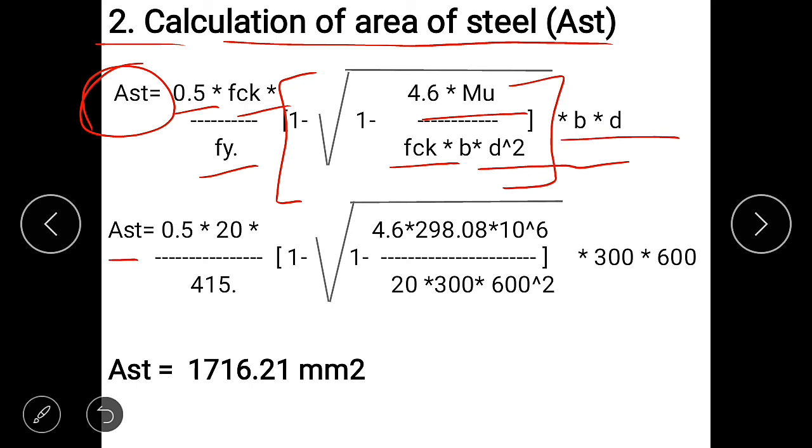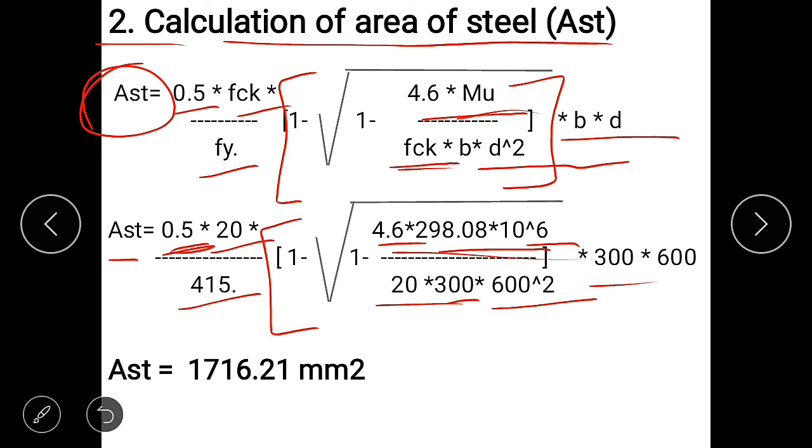To calculate Ast, we put 0.5, fck is 20, fy is 415, in bracket 1 minus under root of 1 minus 4.6, Mu is 298.08 into 10 to the power 6, divided by fck 20, b is 300 and d is 600 square, into 300 into 600.